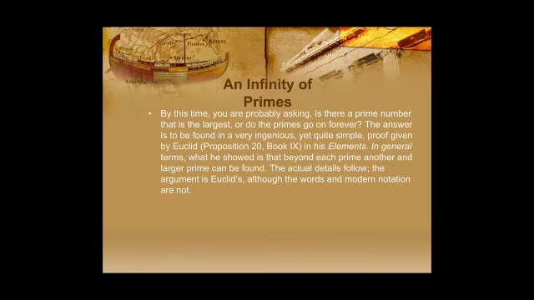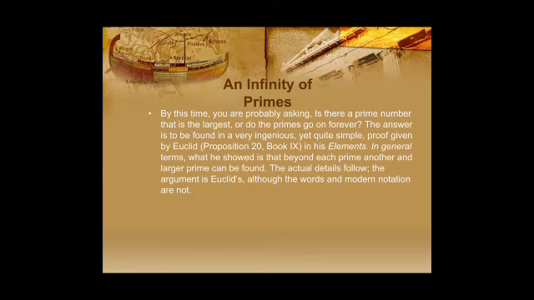Infinitude of primes. By this time you are probably asking, is there a prime number that is the largest, or do the primes go on forever? The answer is found in a very ingenious yet quite simple proof given by Euclid, Proposition 20, Book 9, in his Elements.